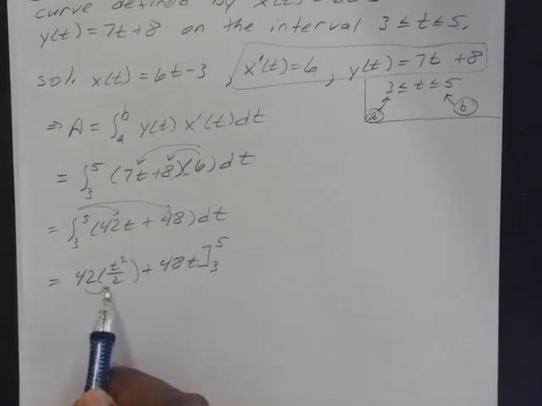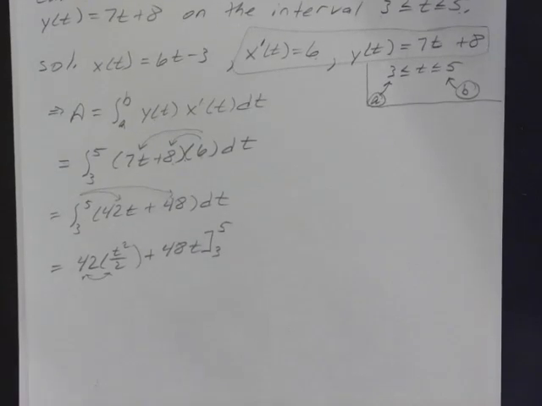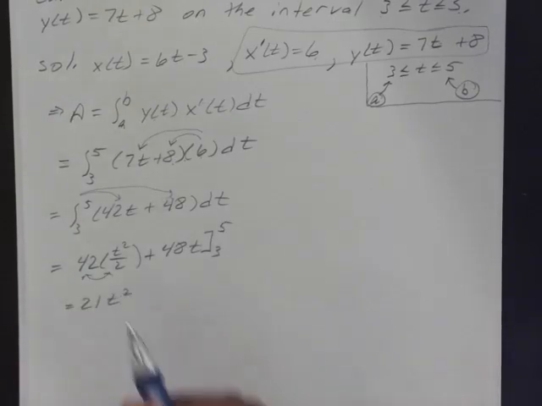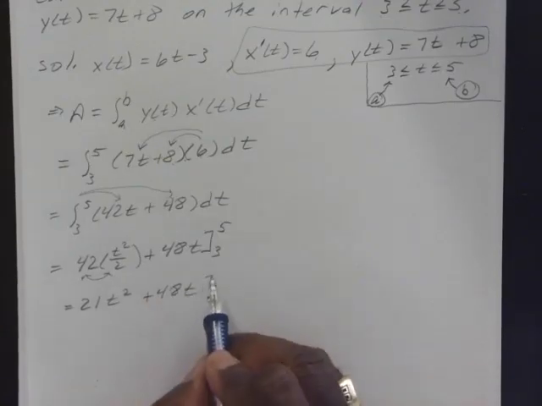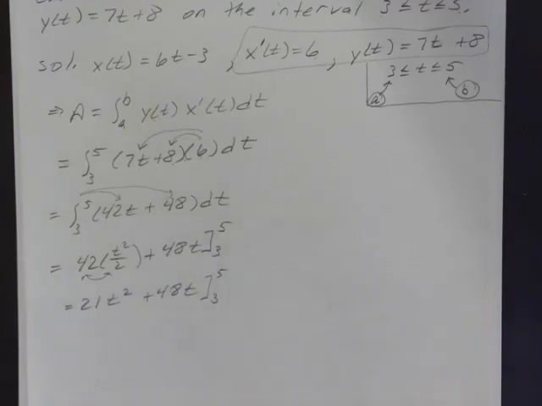Well, we can go ahead and simplify this one. 42 divided by 2 is 21. So we have 21t squared plus 48t over the interval from 3 to 5.